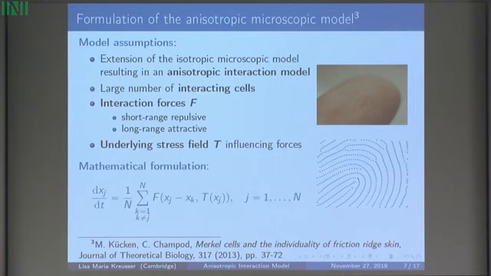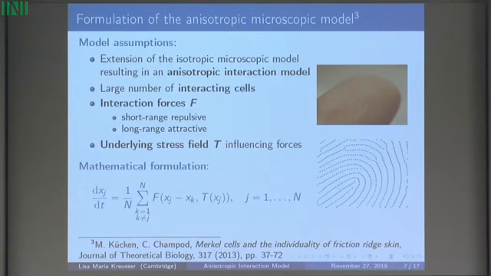And this is actually responsible for those very complex patterns we hope to see. And in particular, it introduces an anisotropy, which makes the mathematical analysis significantly harder, because we can no longer minimize energy functions. And for this reason, new mathematical methods are basically required to analyze those systems.